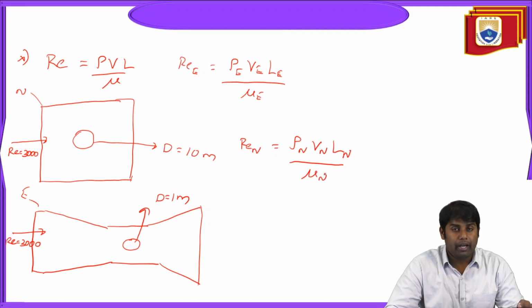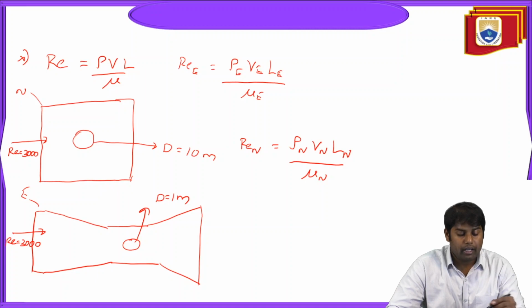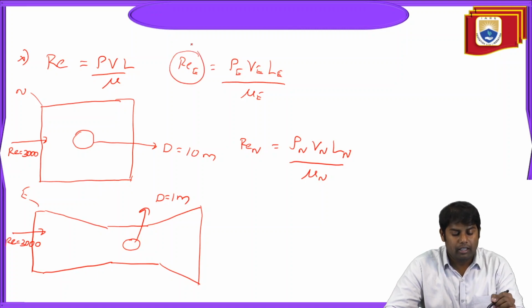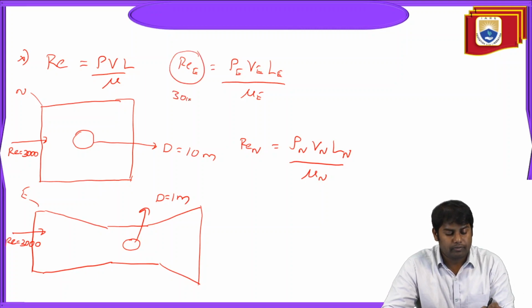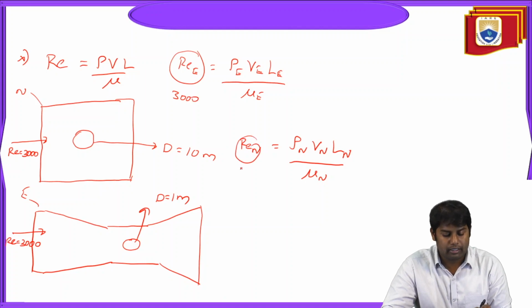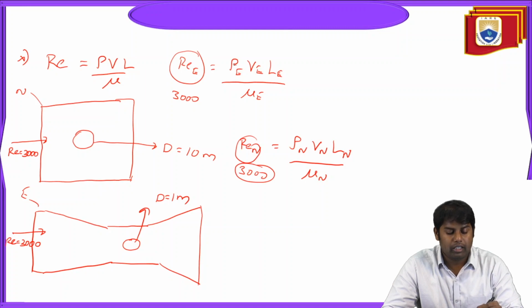To make Re experimental 3000 and Re numerical 3000, we need to play with the density of the fluid medium, the velocity and the reference length. Once we have the density, the corresponding dynamic viscosity will be given.